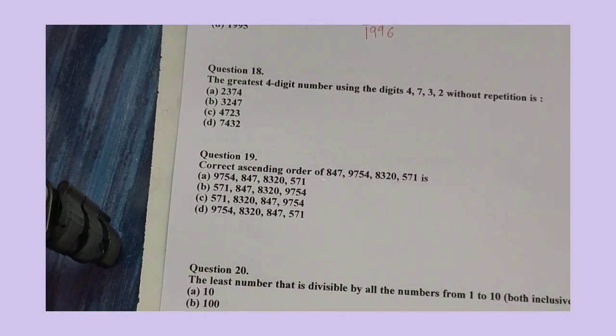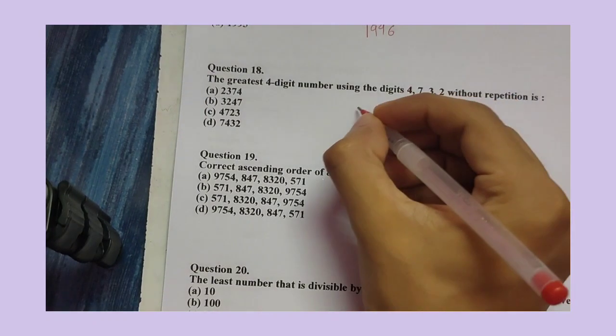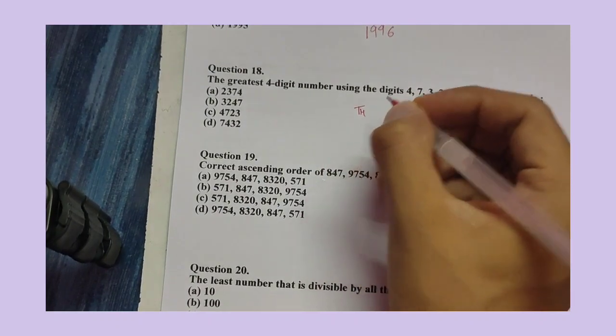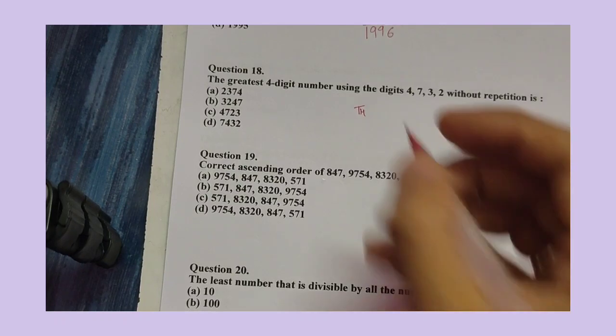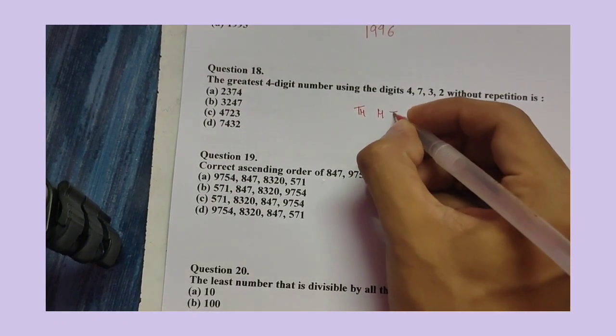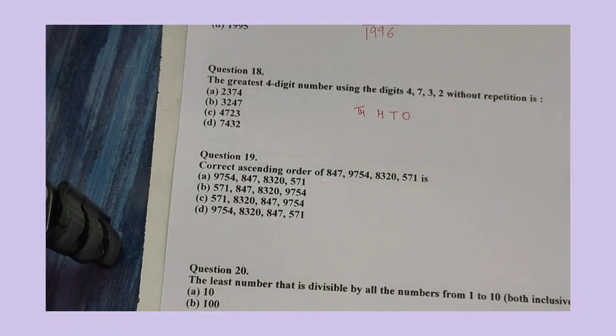The greatest 4-digit number using the digits 4, 7, 3, 2 without any repetition. Okay, fine. So we are moving with this sum, as we have already completed 3 to 4 sums like that. So again we are writing 1000, 100, tens and ones. Now what do we want? The greatest one.